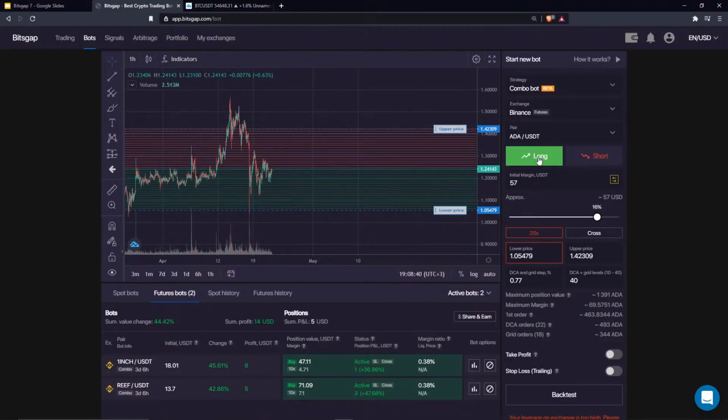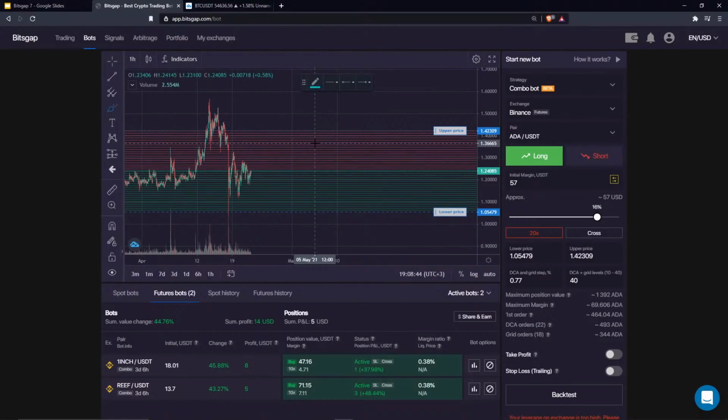So for example, for this long combo bot on Cardano to USDT, my grid levels are exactly here, and below are my DCA orders.